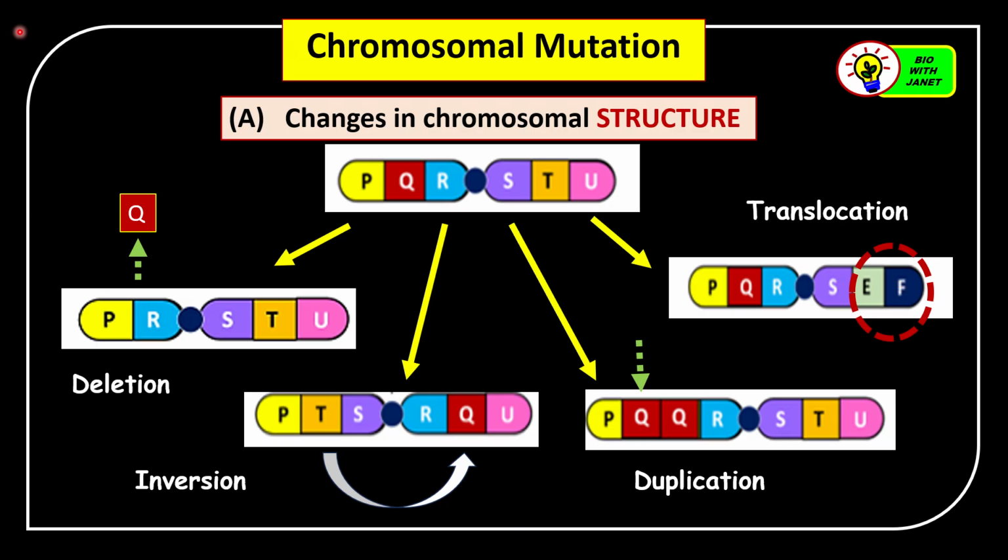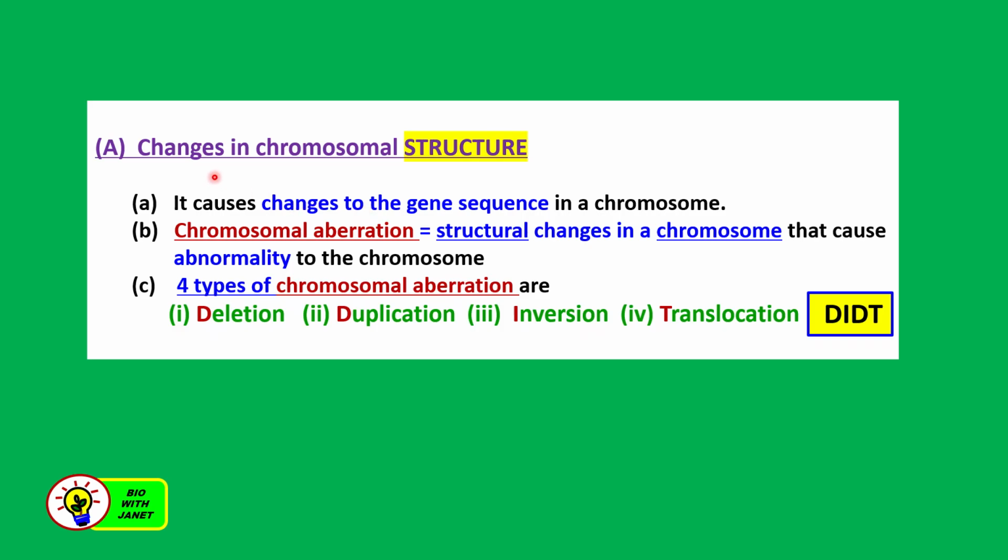So let's discuss further. Changes in chromosomal structure cause changes to the gene sequence in a chromosome, and chromosomal aberration means the structural changes that cause abnormality to the chromosome. Actually, chromosomal aberration means a type of chromosomal mutation where there is a change in the structure of the chromosome.